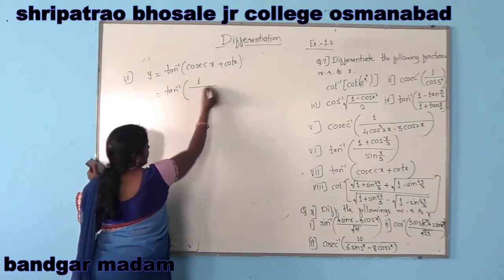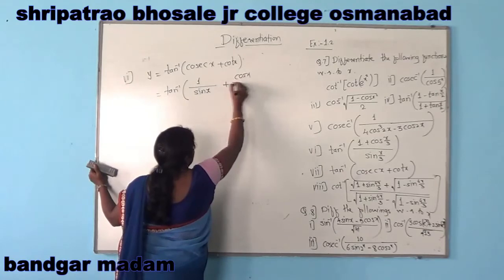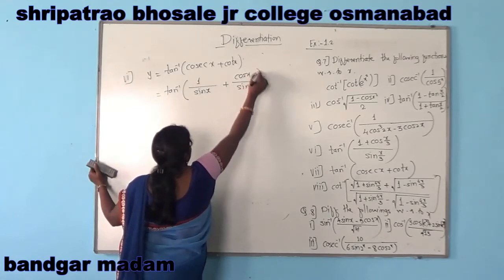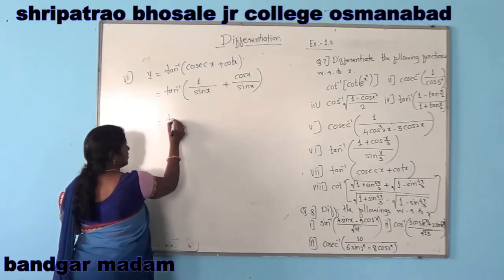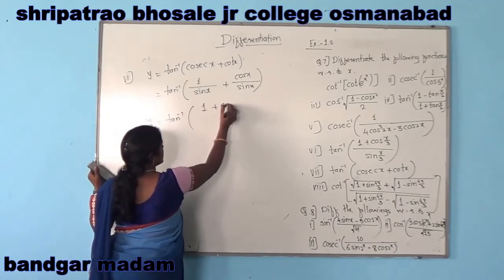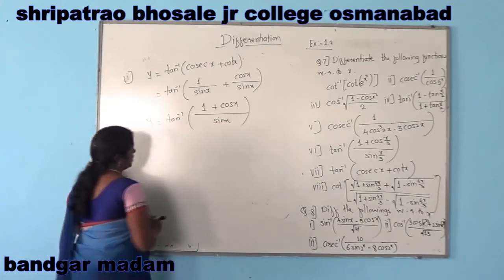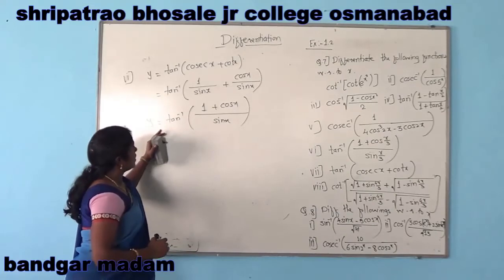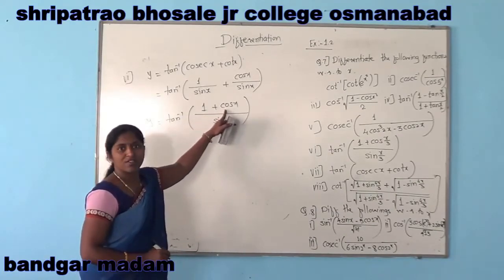Cosec is 1 upon sin x and cot is cos x upon sin x. The denominator is the same, so we will get y is equal to 1 plus cos x upon sin x, which is the simplified form.